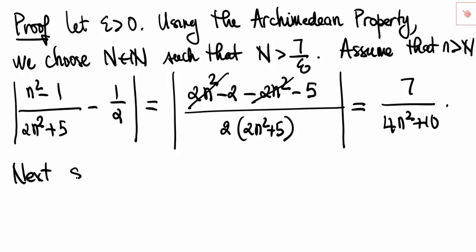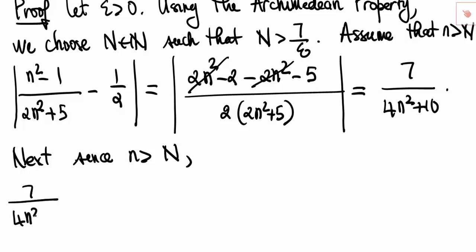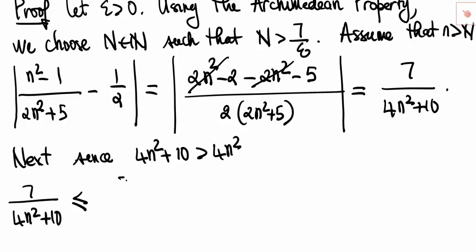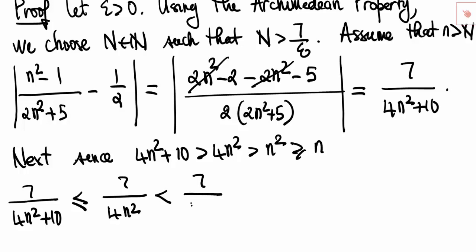Next, since little n is bigger than N, we'll have that 7 over 4n squared plus 10 is, since 4n squared plus 10 is greater than 4n squared, less than 7 over 4n squared, and this is less than 7 over n squared, which is less than or equal to 7 over n.